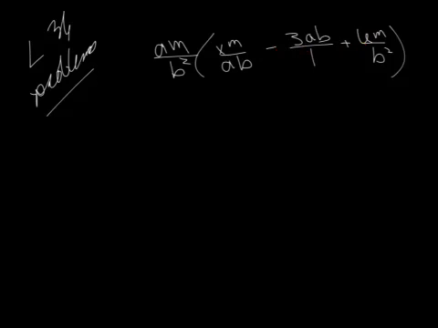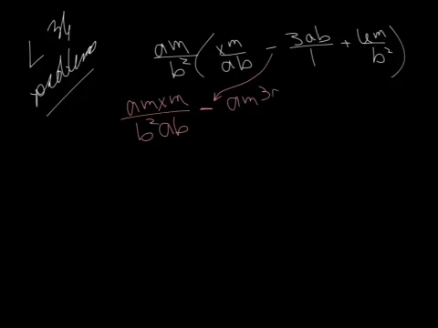So we've got a times m over b squared, times ab, minus a times 3ab over 1 times b squared, plus a times 6m over b squared times b squared.